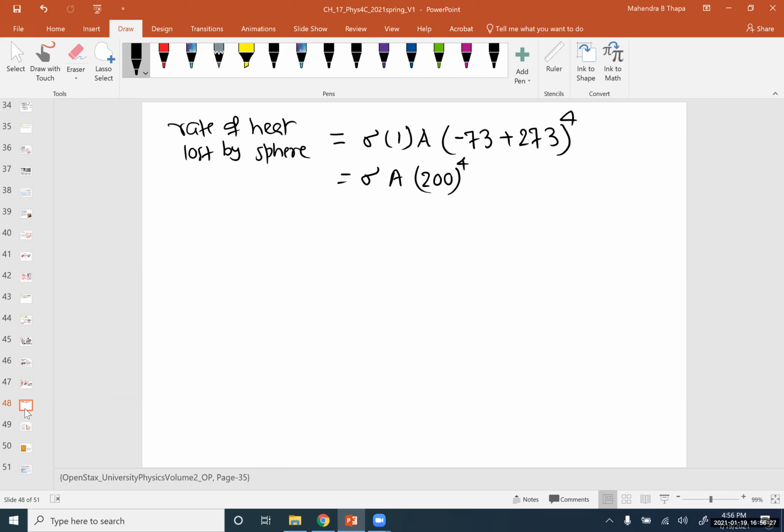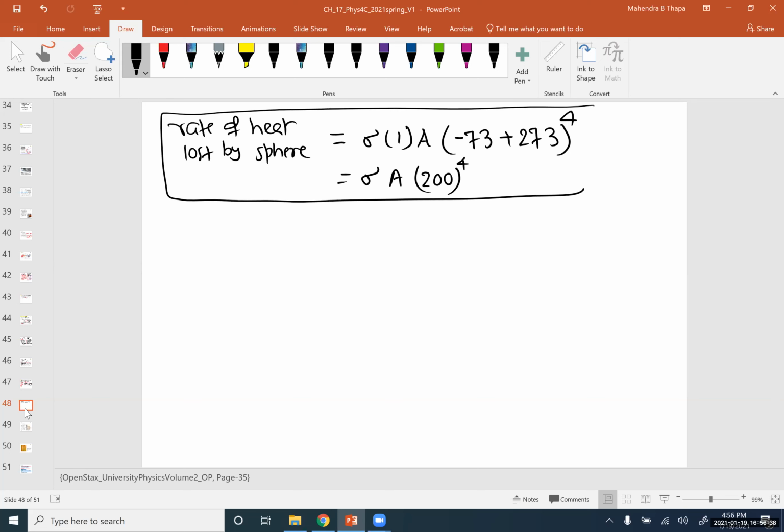Now, based on that, you have how much heat gained and how much heat lost. So net rate of heat gain will be how much it gained and how much it lost.